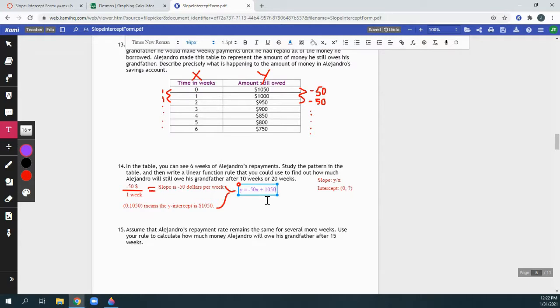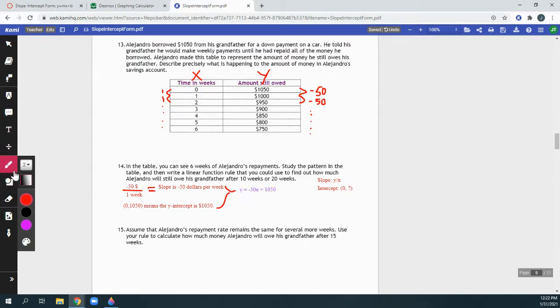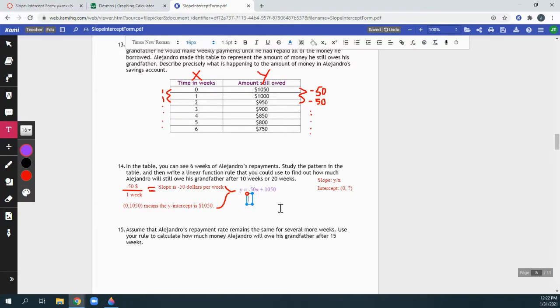That's it. That formula will tell me whatever I need to know. So 10 weeks or 20 weeks. Let's see what happens. I could keep going and find out. Or I could use this formula that I just created, this y equals mx plus b formula, to figure it out. So 10 weeks and 20 weeks, let's do it. 10 weeks, 20 weeks.